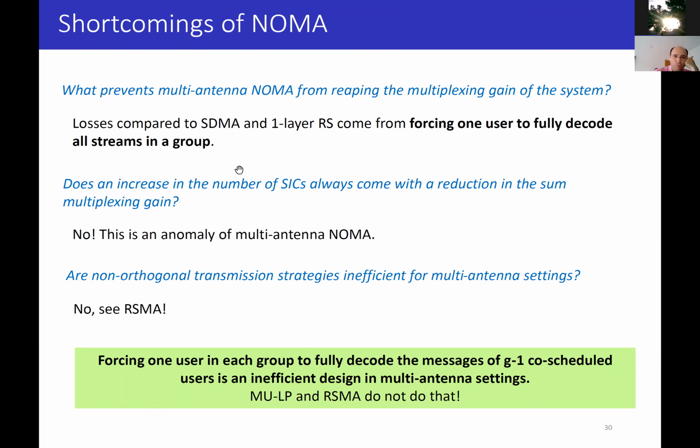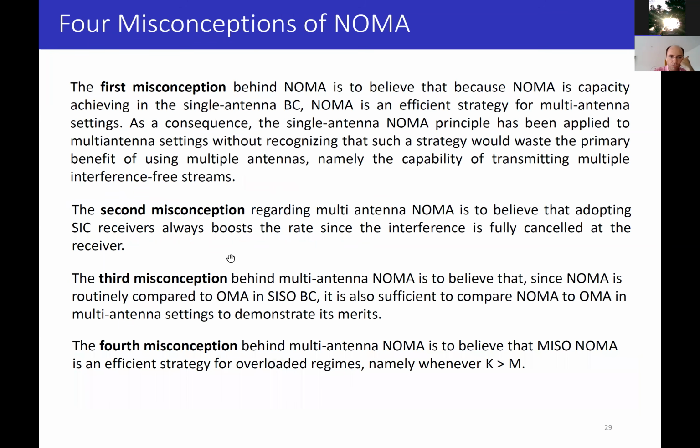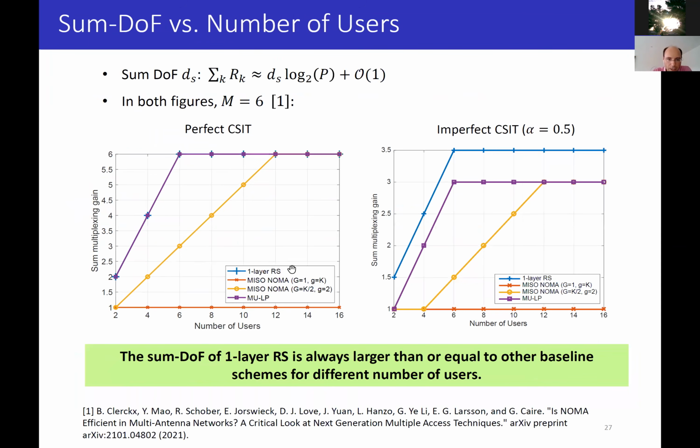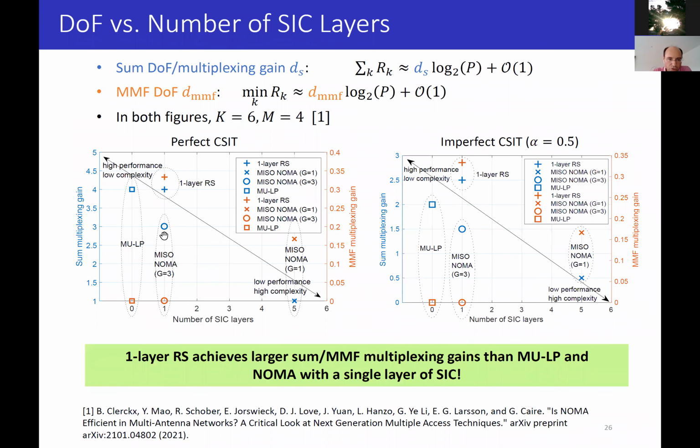Does an increase in the number of SICs always come with a reduction in the sum multiplexing gain? So for instance, here, I did not highlight this, but it's quite important. You see here, you have 2 NOMA techniques, and you have achieved a sum multiplexing gain of 3 here, and here a sum multiplexing gain of 1. So what you see is that you increase the number of SICs, you increase the receiver complexity, but your sum multiplexing gain decreases.